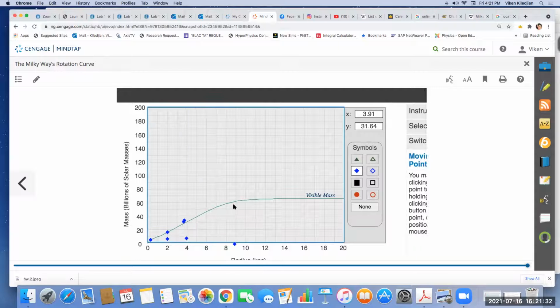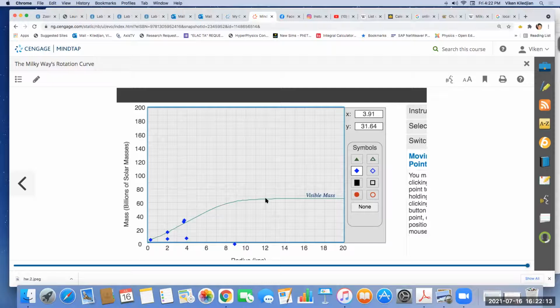In other words, most of the matter that we see in the Milky Way, visible to our naked eye and our telescopes, is about 60 billion solar masses, or about 70 billion solar masses. That's the visible, and it's all visible up to about 10 kiloparsecs. So when we say that the sun is at 8 kiloparsecs, we're almost at the edge of our galaxy. Our galaxy is about 12 kiloparsecs in radius.